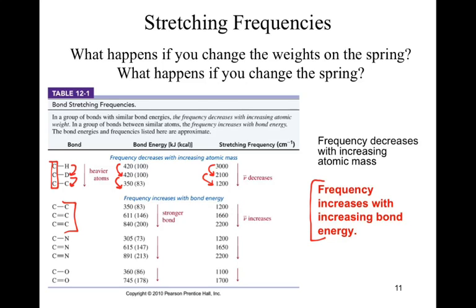So just kind of a neat thing to notice. So if you start to notice that a bond is going to get particularly weaker, you might expect that that signal is going to show up at a lower frequency. And yes, we will look at an example at the very, very end of this.